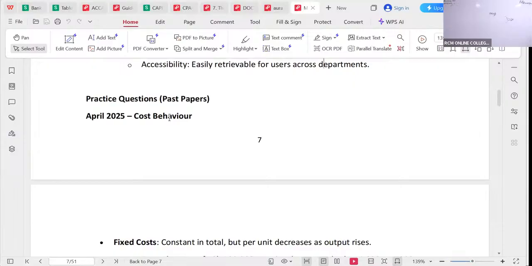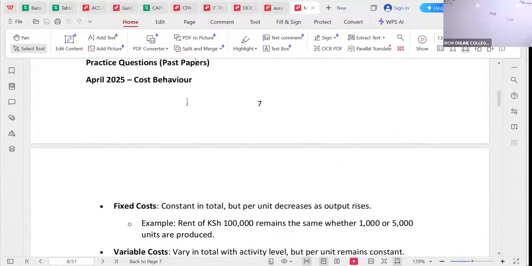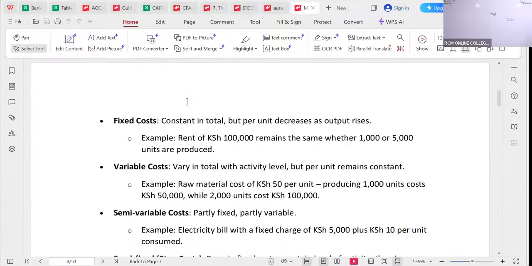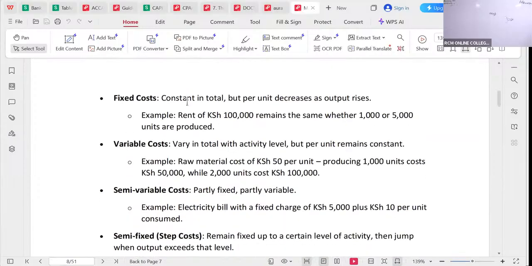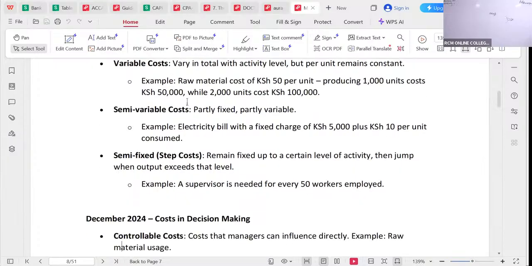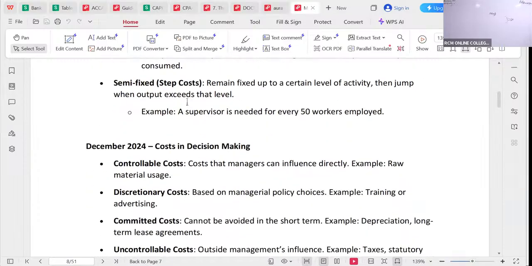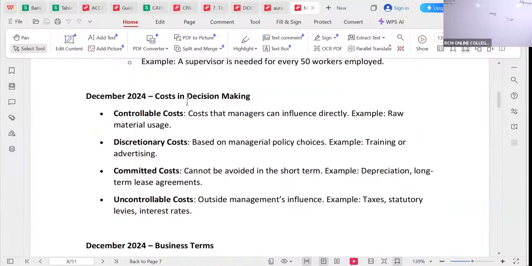Basically they asked us about cost classification in accordance with behavior, of which we have fixed costs, variable costs, semi-variable, and semi-fixed, also called step costs. Then we have costs in decision making, where we have controllable costs, discretionary costs, committed costs, and controllable costs.